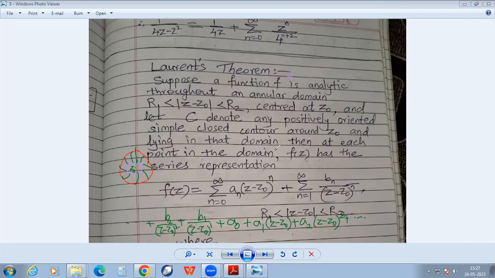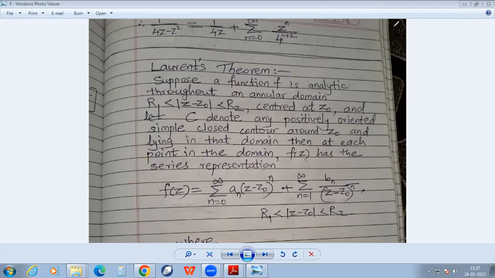So the Laurent expansion talks about within an annular domain, and the powers of z minus z naught extend from minus infinity to plus infinity.